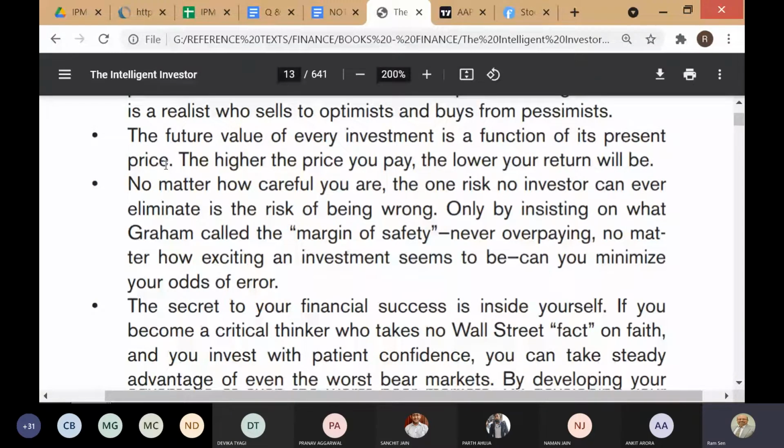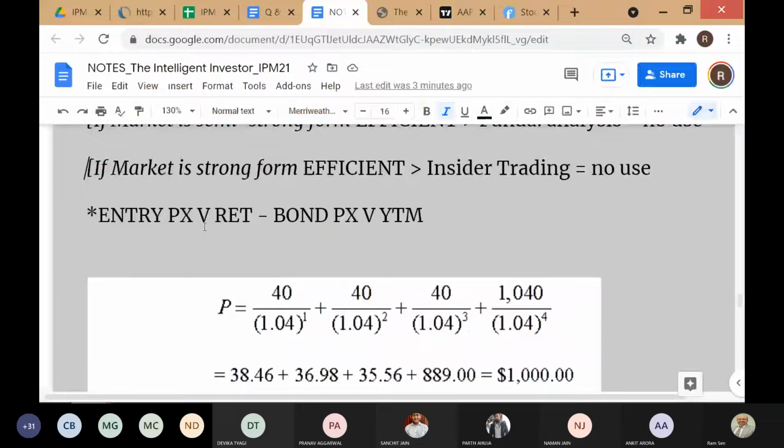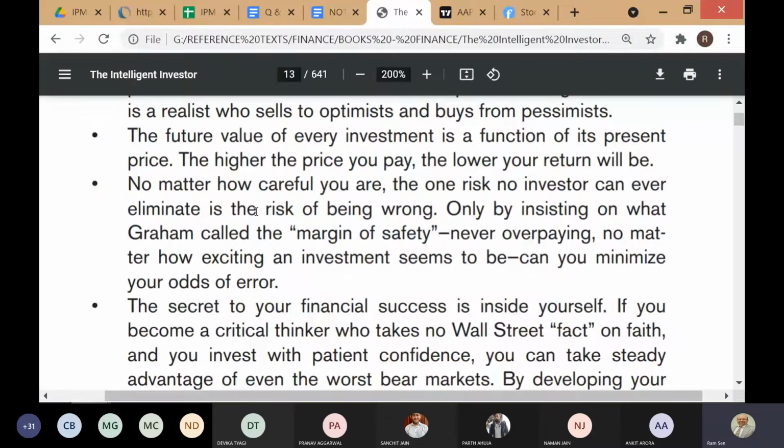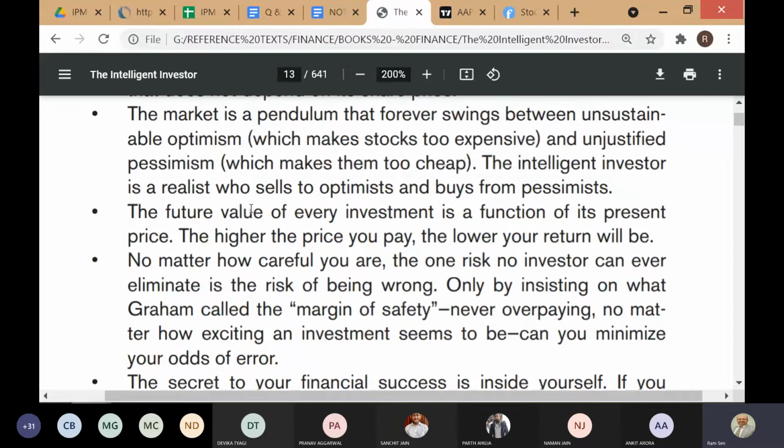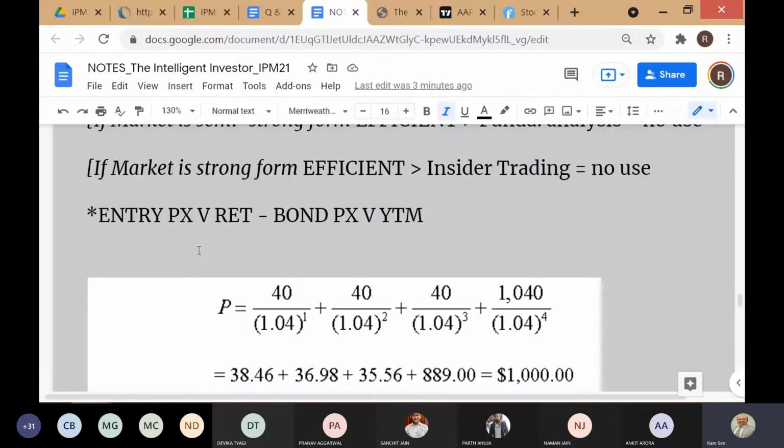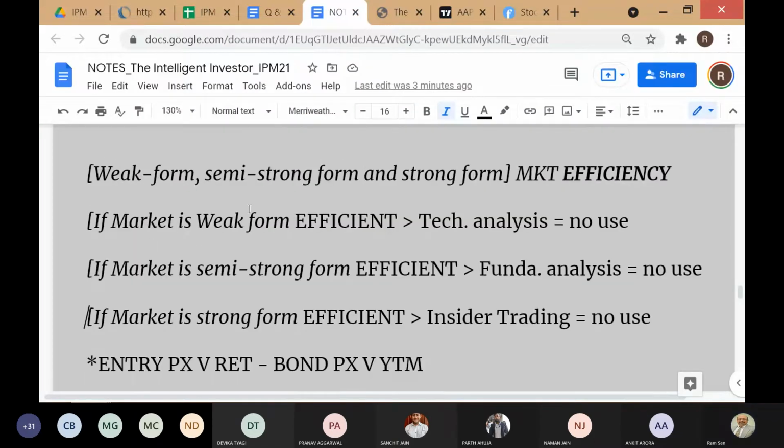Now, let's look at this statement. Entry price versus returns. Okay, so what is he saying here? Entry price versus returns. Future value is a function of it: the higher the price you pay, the lower the return. The entry price versus return. And let me make sure that I have page 13.